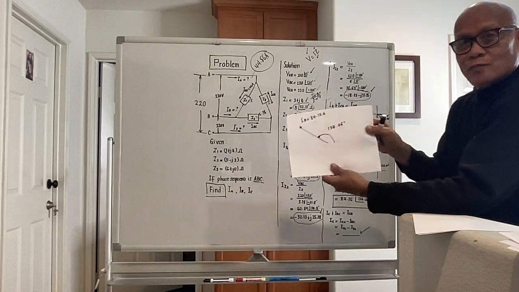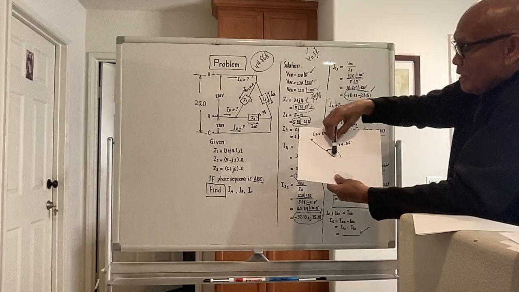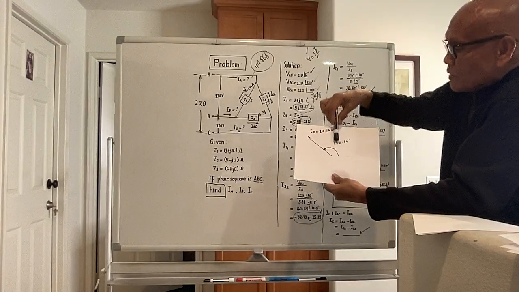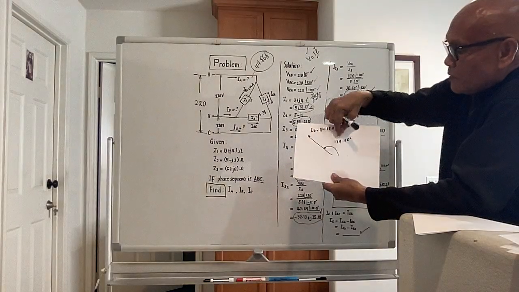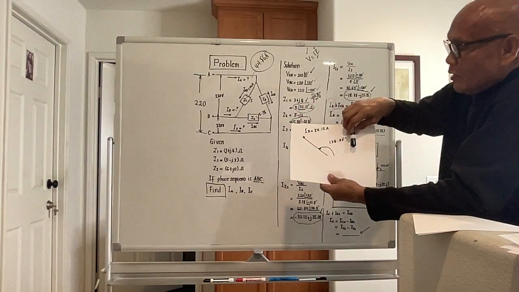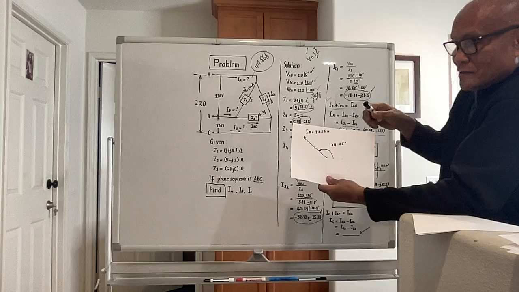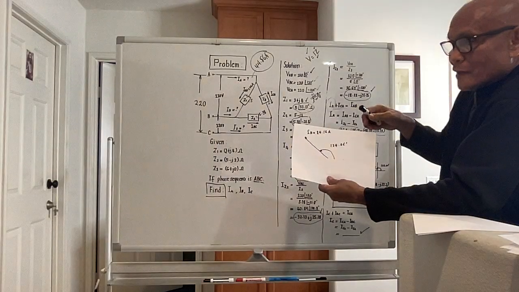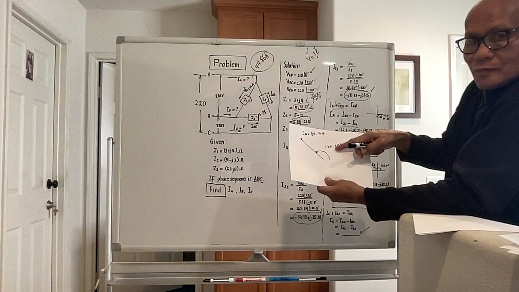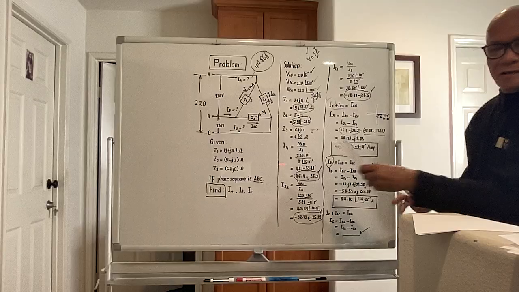Oh, this is I sub B. The real part is negative, the imaginary part is positive, so this will be the magnitude of I sub B. With respect to the 0 degree, we always put the angle of the currents with reference to the 0. So that will be 134.06 degrees.